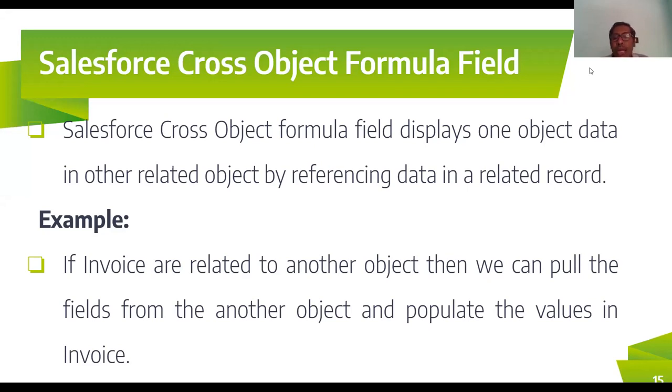Okay? So the example is that we have two objects, one is hospital and invoices, or we have IT companies and invoices. N number of companies would like to recruit people, so they give the information to a recruitment agency.